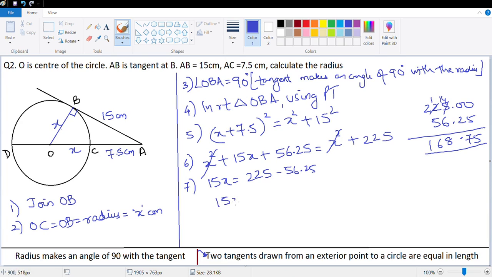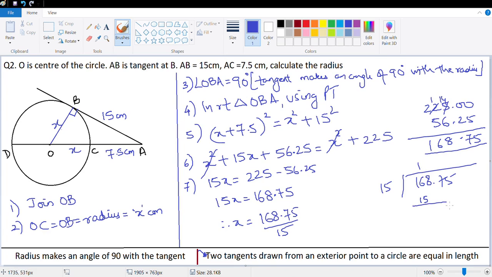Therefore, 15x is equal to 168.75. Therefore, x would be equal to 168.75 divided by 15. Let's just do the calculation directly without dividing it further by 5 and 3. 15 into 168 is 11, 15 into 37 is 2, 15 into 2.